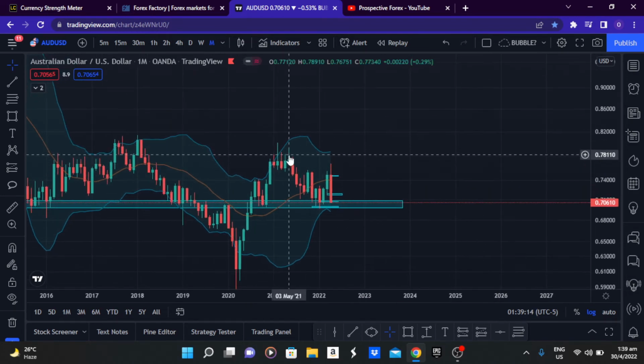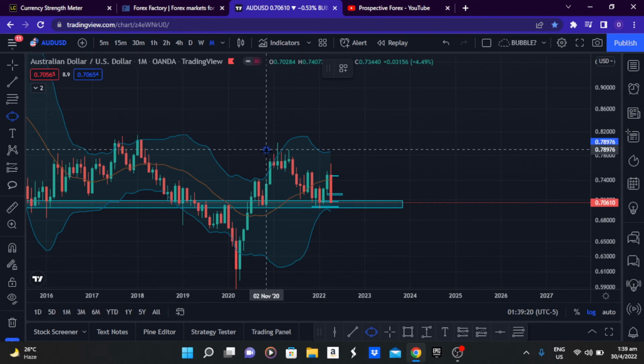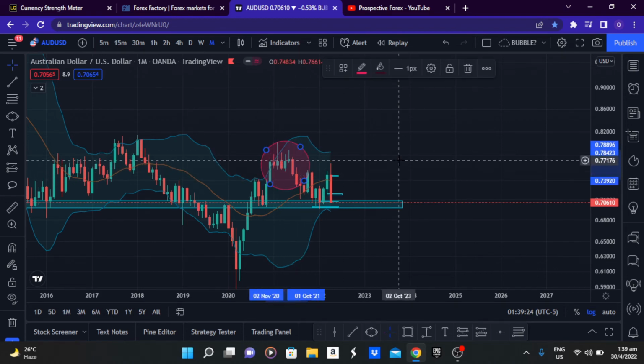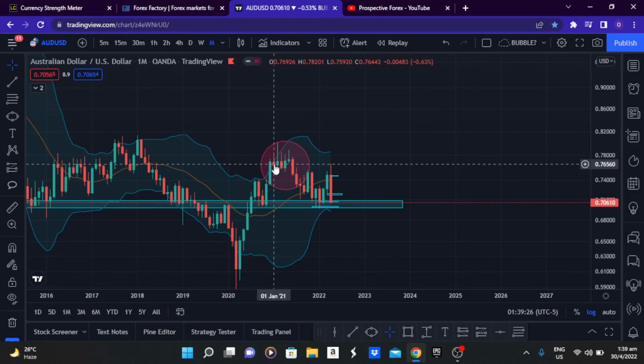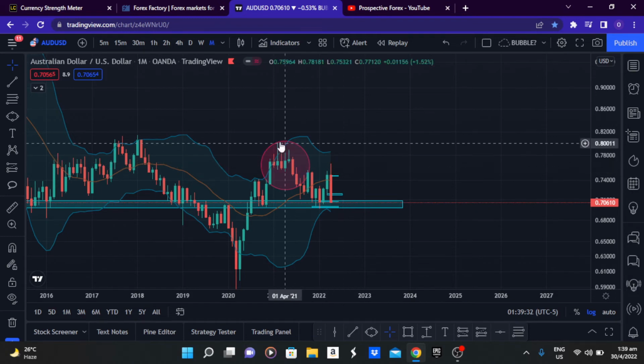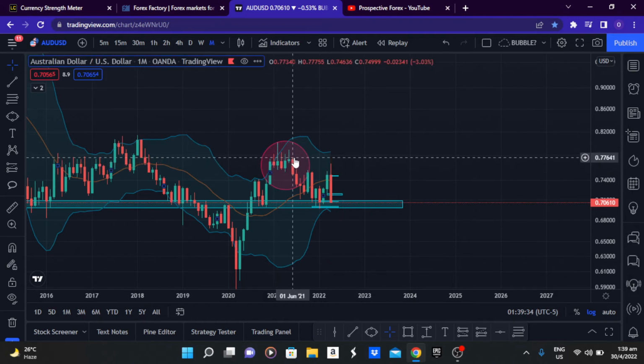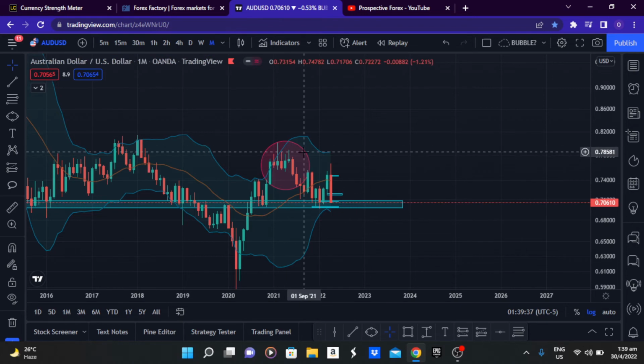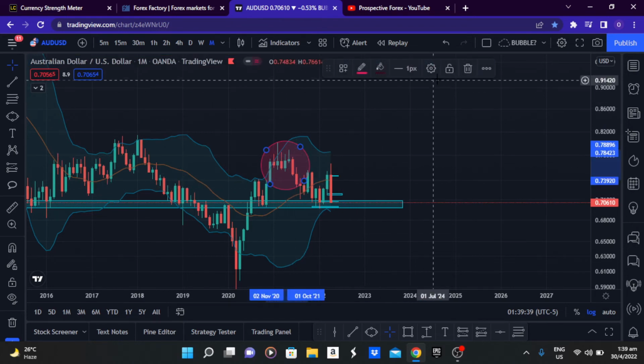And we can see here as well, within this level, price made 1, 2, 3, 4, 5 attempts to try and break above this level. Let me remove this.